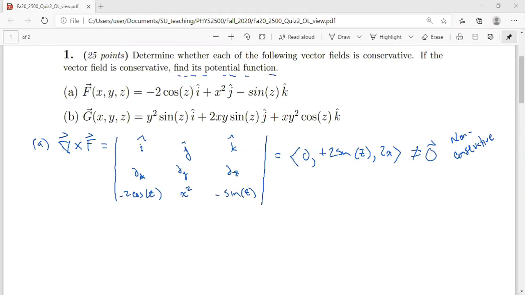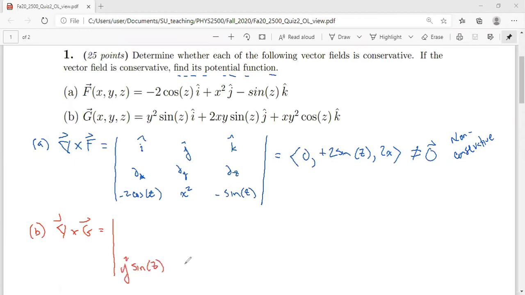Okay. So for the second one, same deal. I'm obviously going through these without showing all the work. If you got tripped up on getting this actual answer, make sure that you can go back through it and get it right. Figure out where you screwed up.